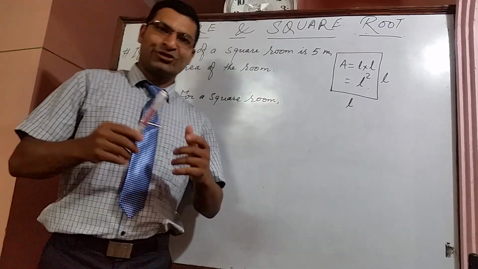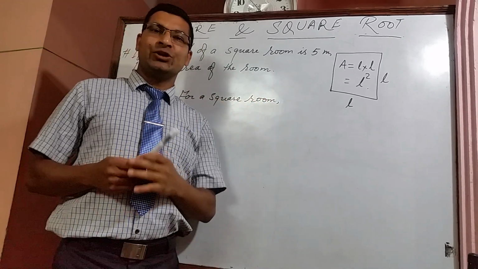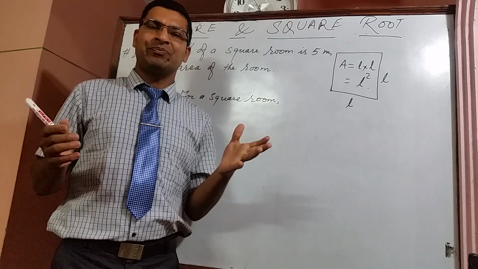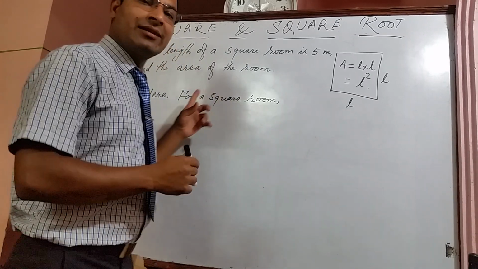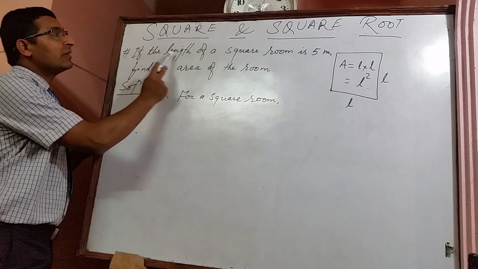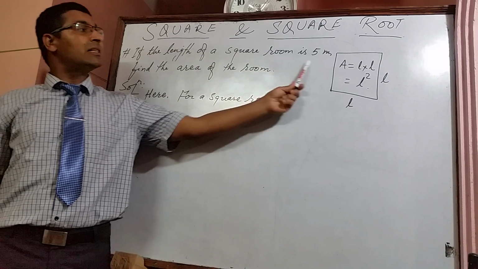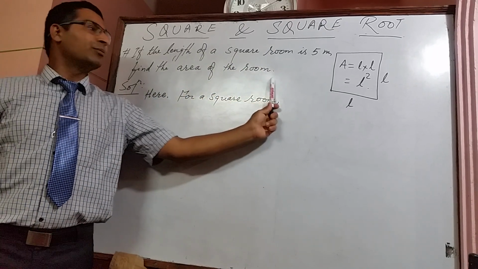Now dear students, let's see one word problem. The use of finding square can be here to solve a word problem also. You see a question: if the length of a square room is 5 meter, find the area of the room.